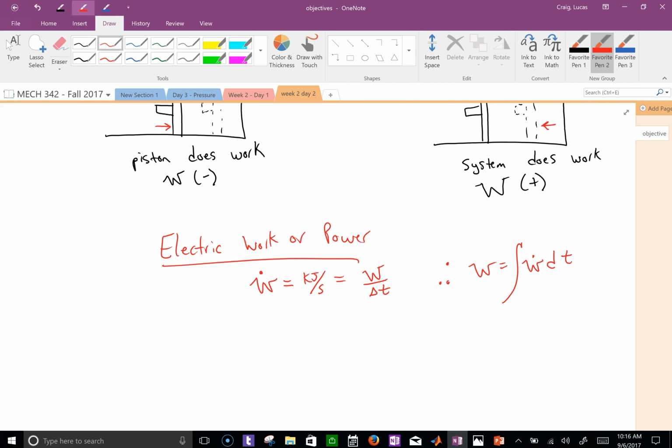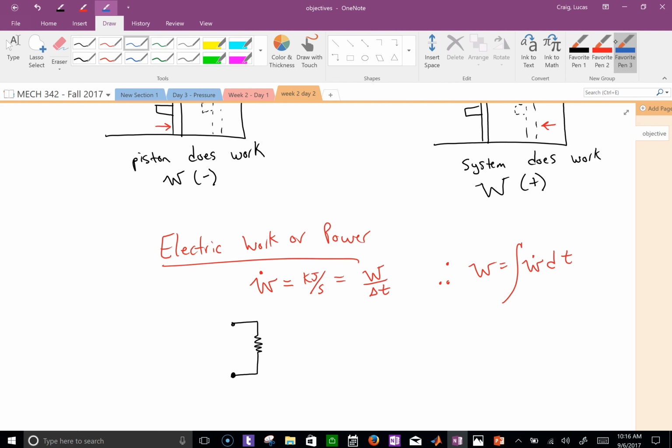Heat transfer, right? You want to know how much total work is when you have a power that's changed as a function of time? So that's the basic definition of power, which you kind of need for electric and shaft.